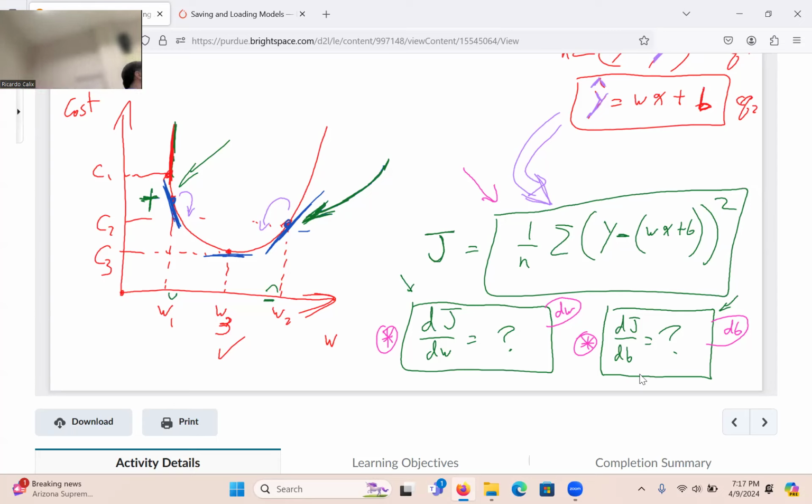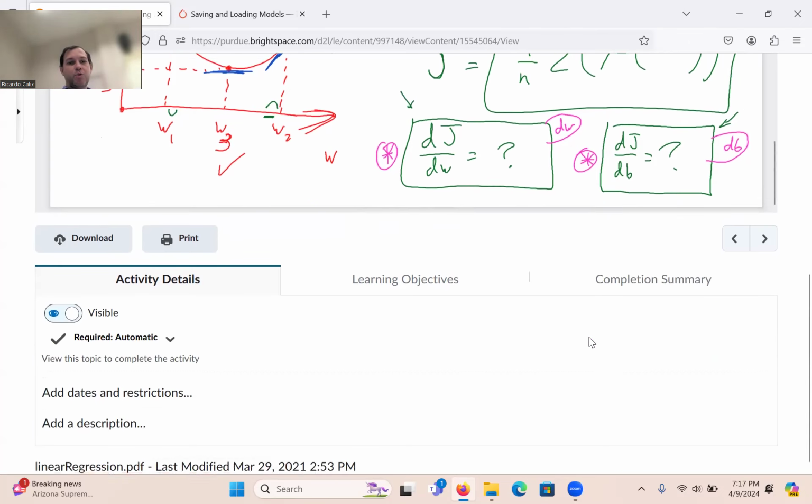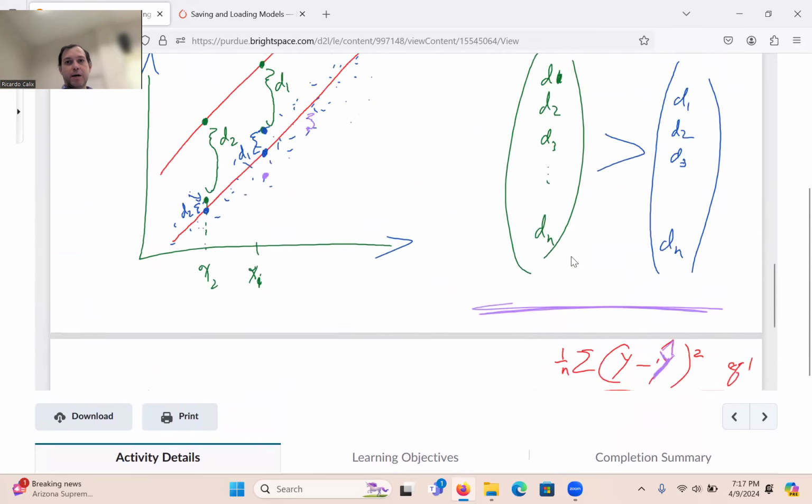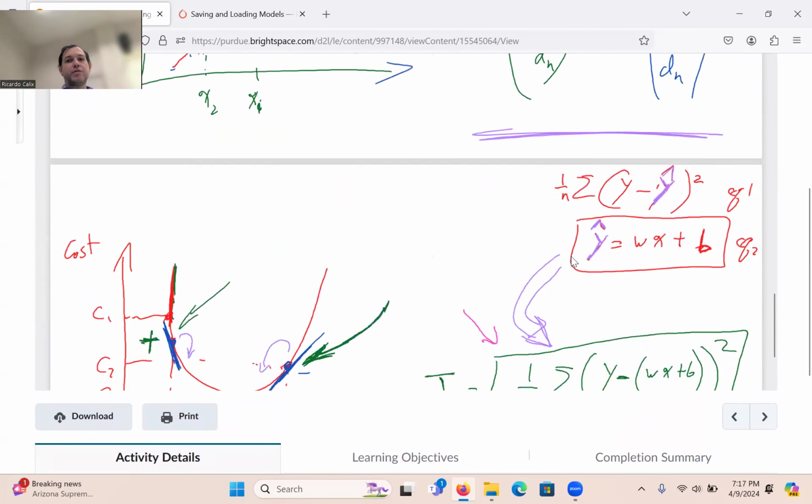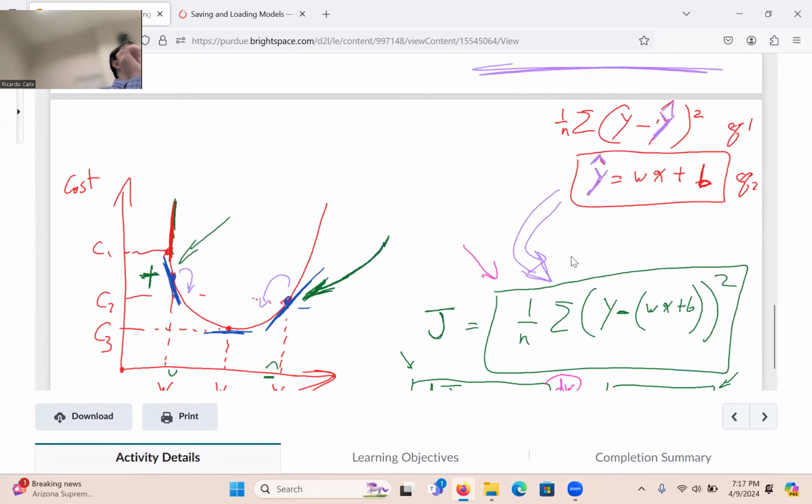Unfortunately, I can't write this stuff. I think I have that equation somewhere in here, but I don't remember exactly where, so I kind of have to describe it. It might be in another PDF, because unfortunately I didn't write it down here. Do you guys see that?